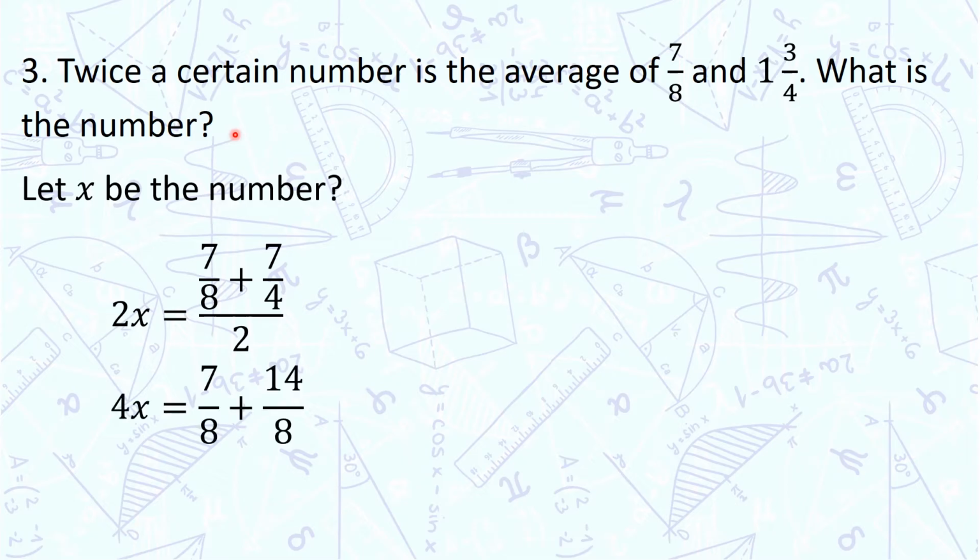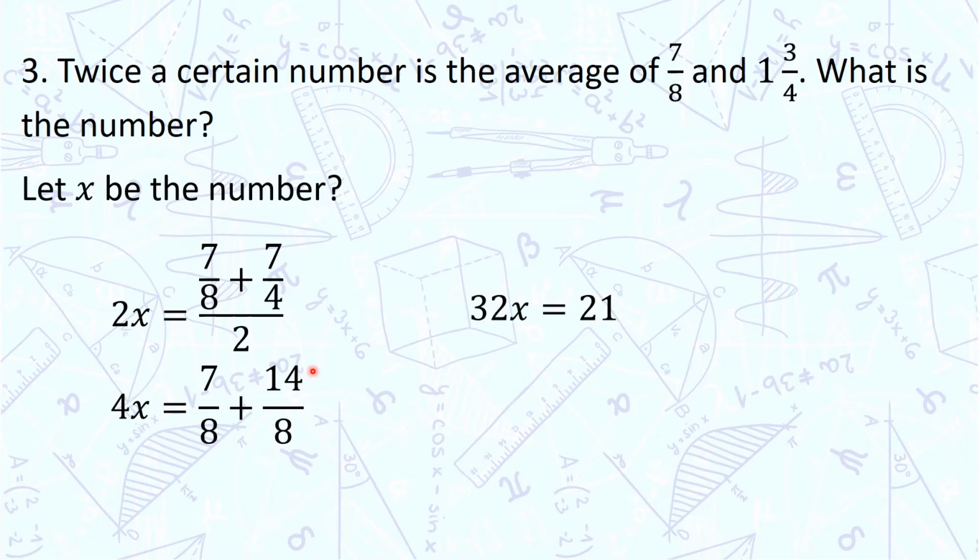So we multiply both sides by 2, we get 4x is equal to 7/8 plus 14/8. 14/8 is 7/4 when the denominator is changed to 8. That will be 8 divided by 4, 2, times 7. The numerator becomes 14.